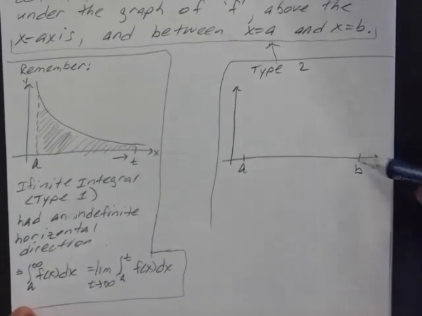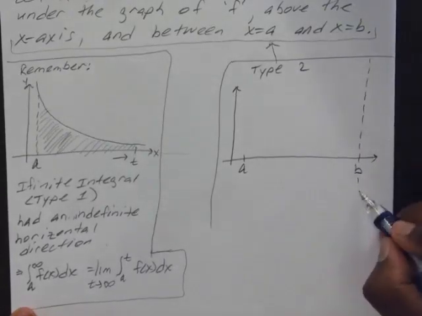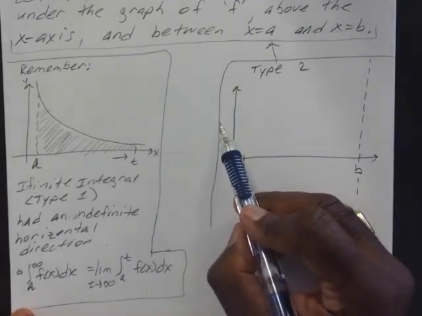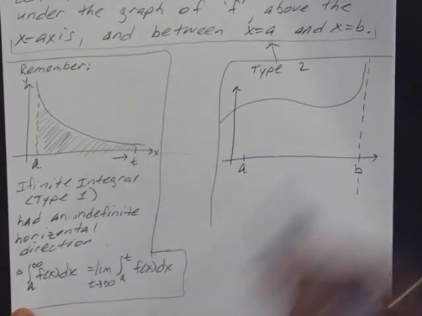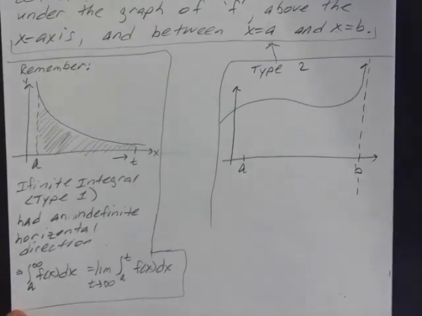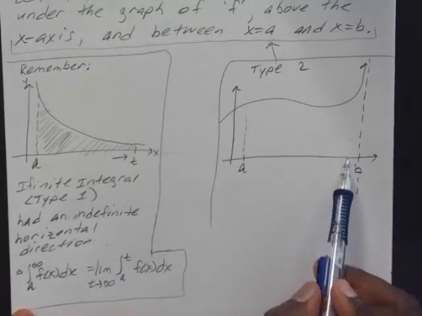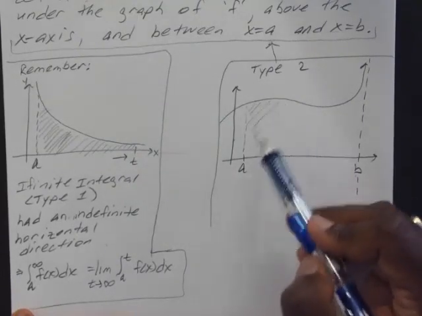Or in this case, b is a vertical asymptote. So we know that x cannot equal b. So that's our vertical asymptote, which is our vertical line. Our graph can look something like this, where it'll never cross that x equals b. So we know it's between x equals a, and it's approaching b from the left. It'll never equal b. It's just approaching b from the left.